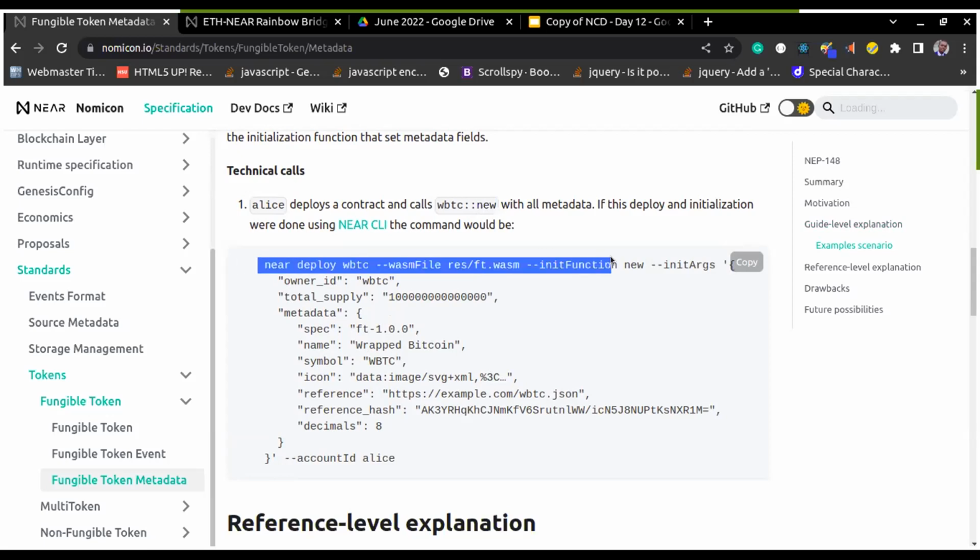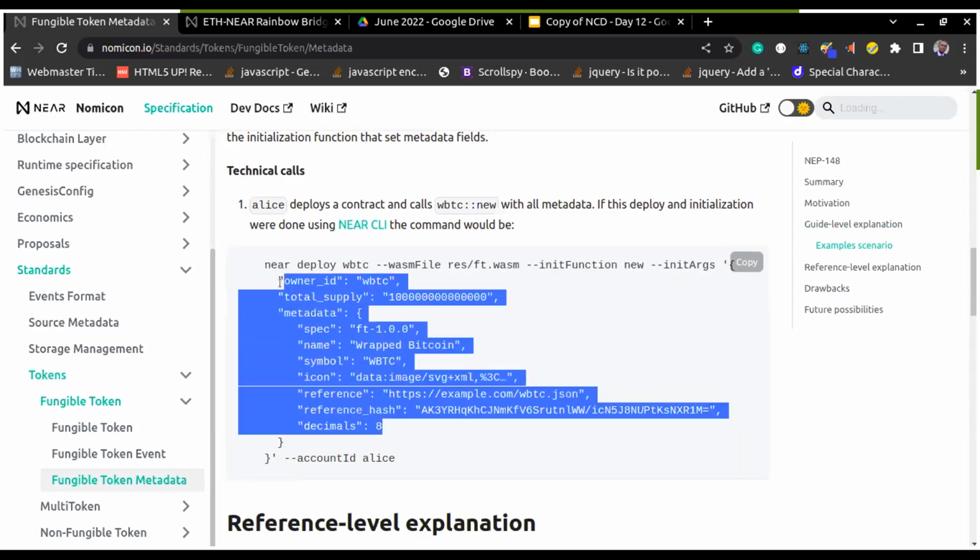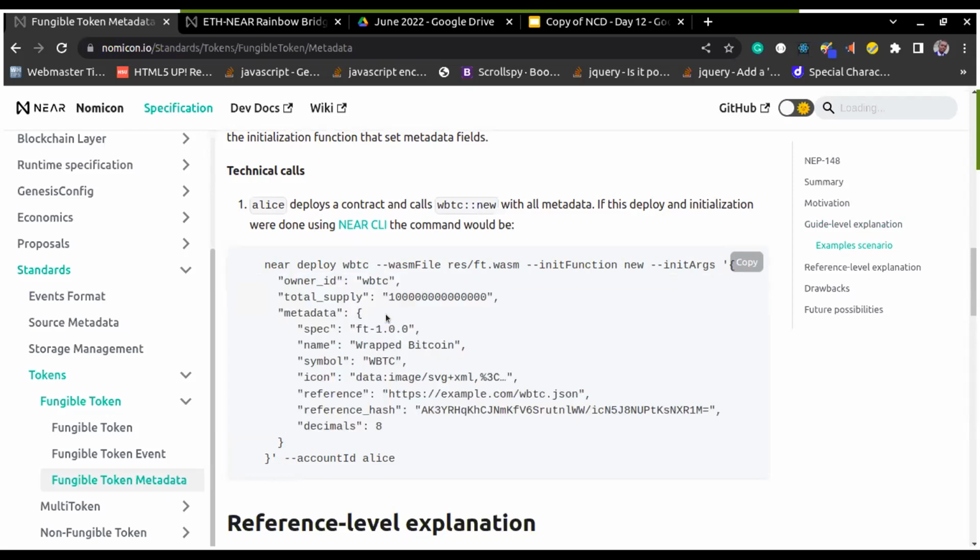The initialization function is new, and the function's argument starts right here. Now, within the argument in the JSON object, we have all that, whatever I've just selected. So all these data. Now, in the metadata, we expect you to give the owner of these.